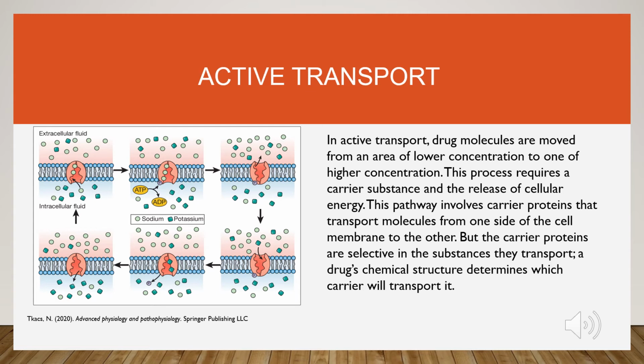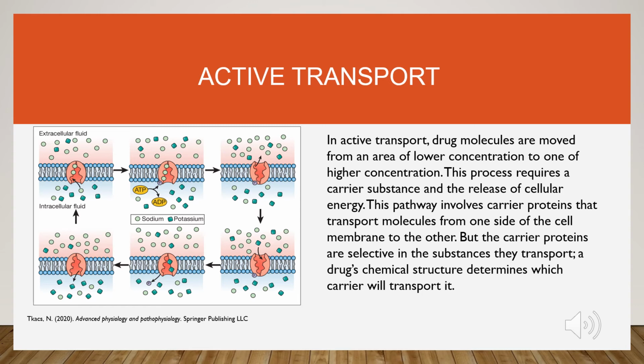ATP is the main energy molecule used in cells. If you recall in pathophysiology, you learned about cell functions. Our cells have organelles called mitochondria that mainly function as ATP producers during cellular respiration. So mitochondria are sometimes referred to as the powerhouse of the cell.